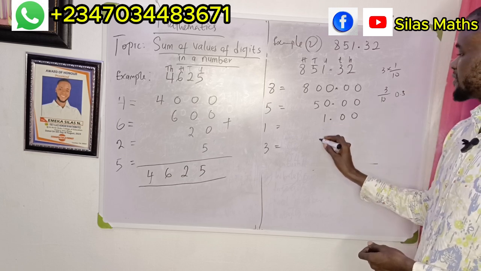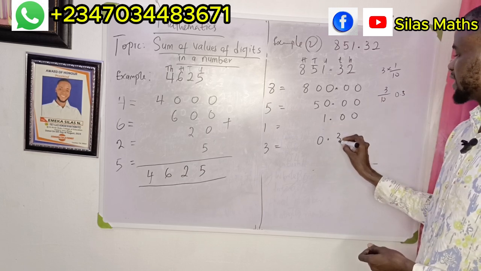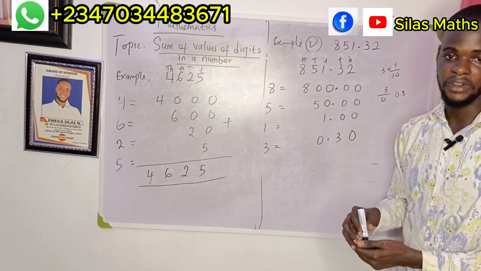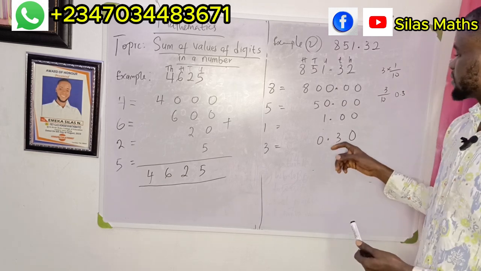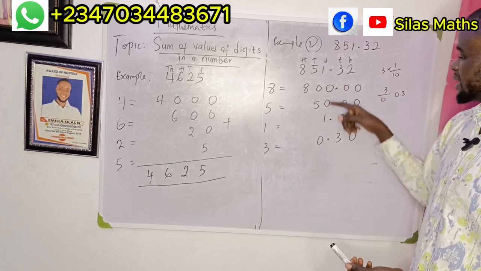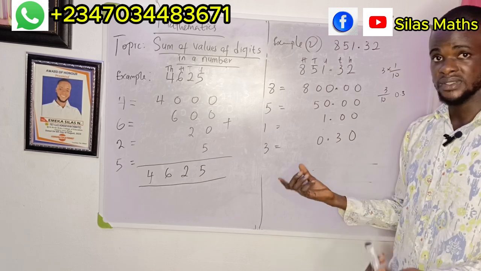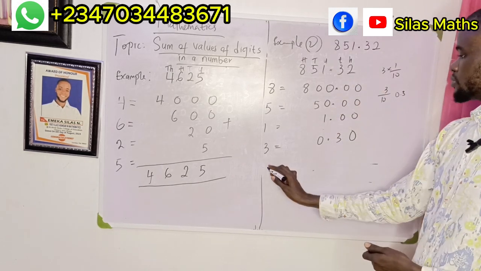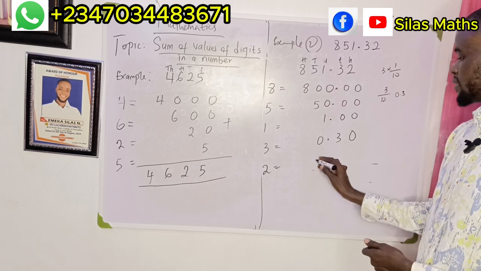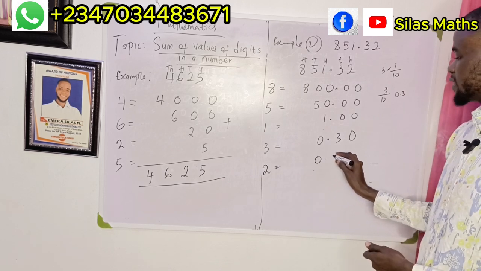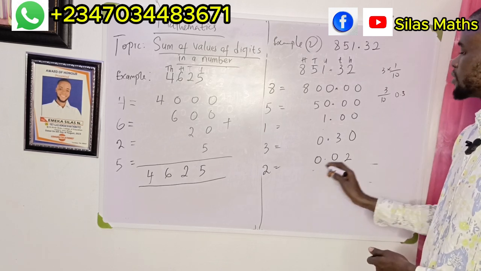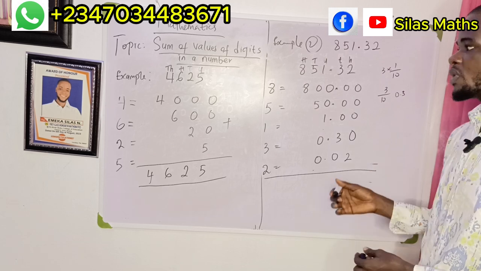So I'm going to have 0.3, then I'll add 0 over here. Another way around, I can just maintain my point and put my 3 and then turn other digits to 0. Then for 2, the value of 2 over here is going to give us 0.02.